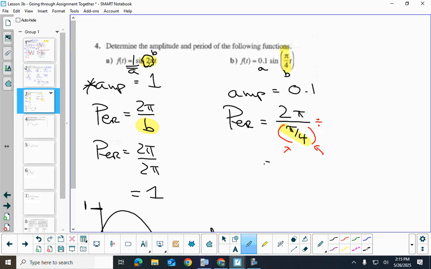So again, what does that mean? Draw your little wave in. Up, down, up. The amplitude is 0.1, so it goes up to 0.1 and down to 0.1, or negative 0.1. The period is 8, so it starts at 0 and finishes at 8.